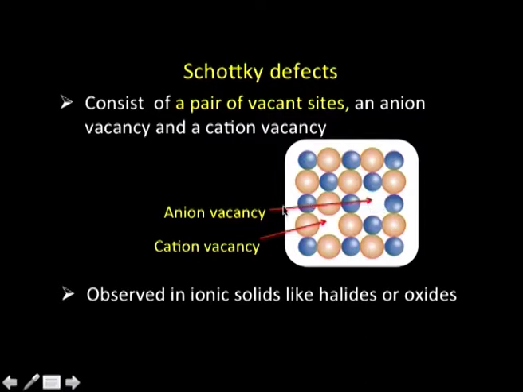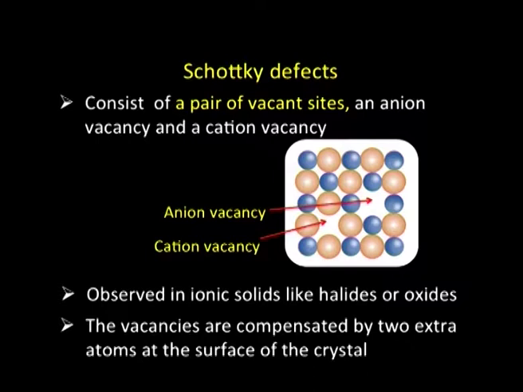So, this is an anion vacancy. Similarly, we have a cation vacancy here. This kind of defect is observed in ionic solids like halides, sodium chloride is a typical example, or some oxides. Now, these vacancies are compensated by two extra atoms at the surface of the crystal. That means, suppose this lattice is formed and these two are vacancies there.